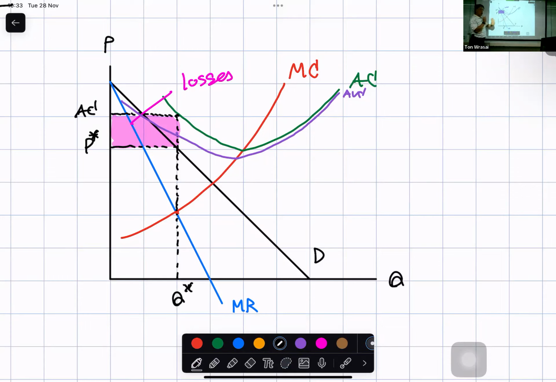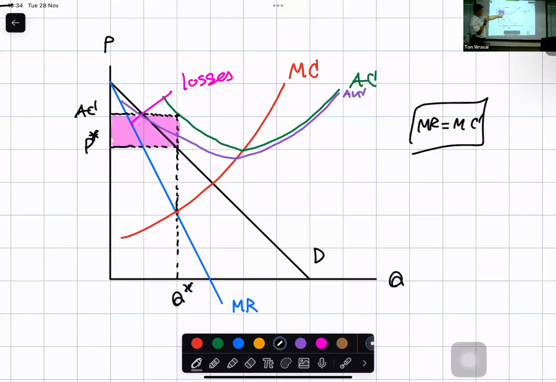Notice that whatever we want to evaluate, we always evaluate at Q star, the profit maximizing Q, or the loss minimizing Q, whatever we want to call it. The MR equals MC rule, we can call this rule the profit maximizing rule or loss minimizing rule. Okay, he produced at Q star.